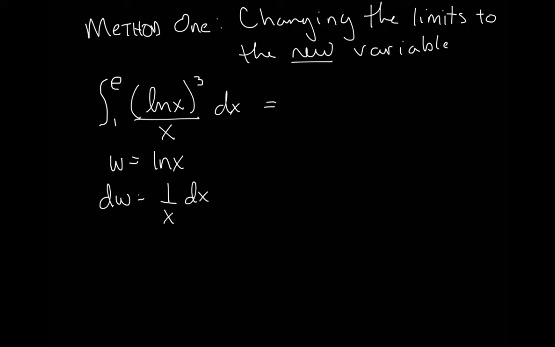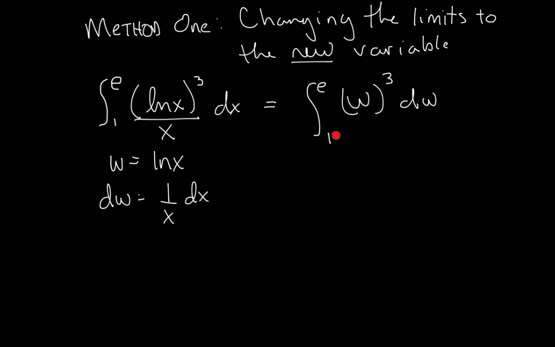So when I rewrite that, I have my integral of w cubed and then the dw will represent the 1 over x and the dx. Now what do I do with my limits? And here's where it starts to get a little tricky. If I write my limit in as 1 to e, that's confusing because I'm no longer dealing with natural log.